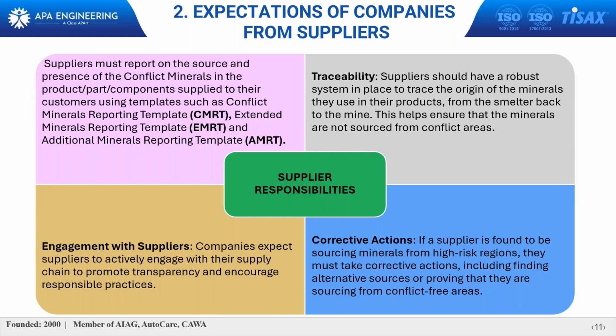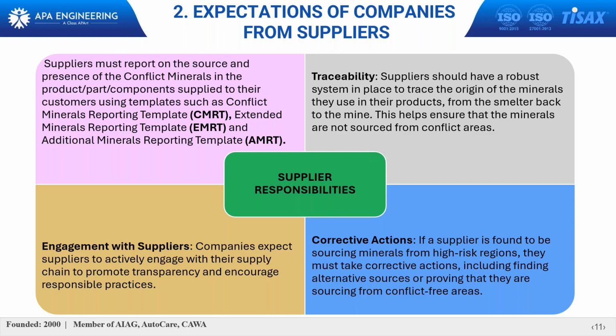Next, expectations of companies from suppliers. Let's now discuss what companies expect from their suppliers, focusing on key areas that ensure ethical sourcing and compliance. Suppliers are required to disclose the source and presence of conflict minerals in the product parts or components they provide.